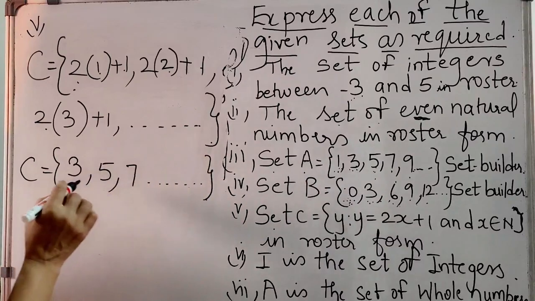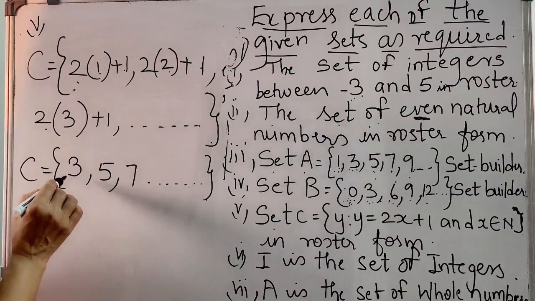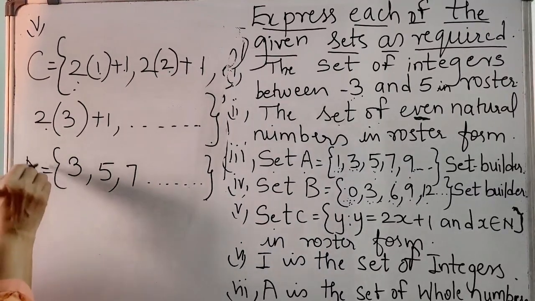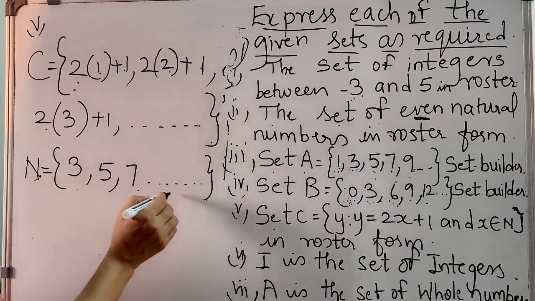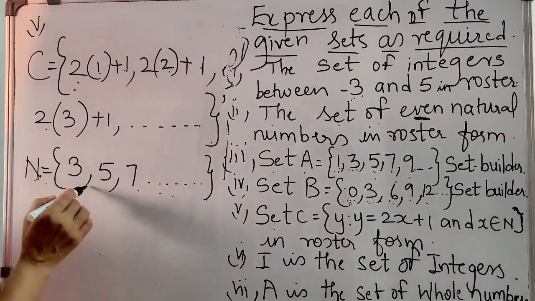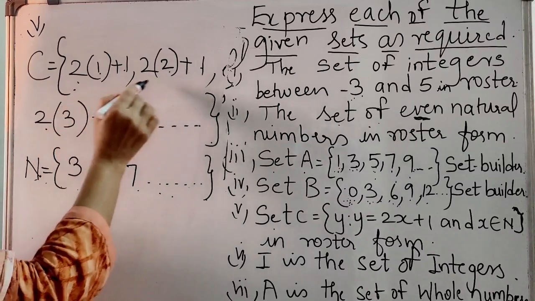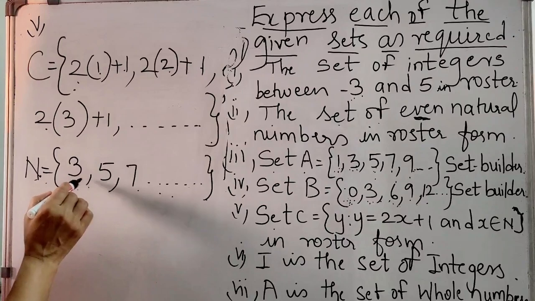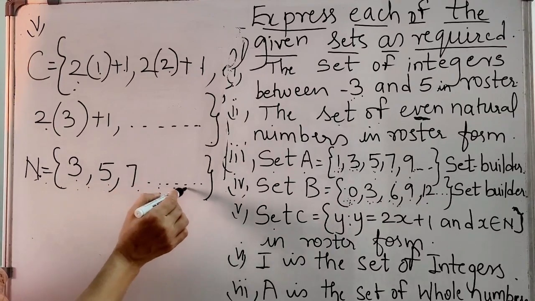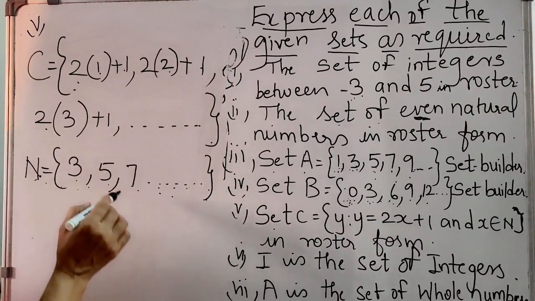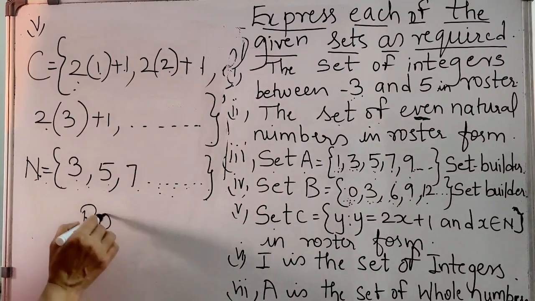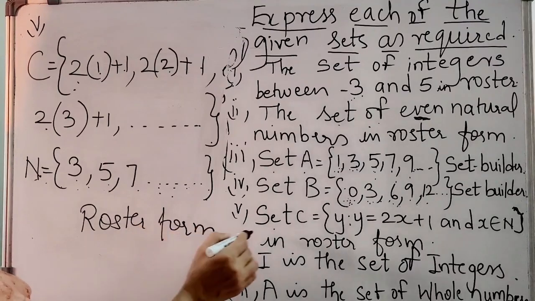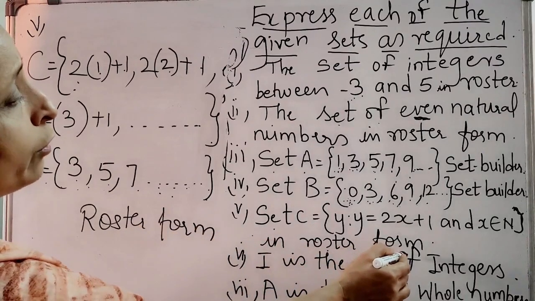These are automatically natural numbers, as you have calculated by putting in the x. You put the curly bracket and write 3, 5, 7 and it goes on. So this is the roster form or tabular form. You have calculated as asked in the question.